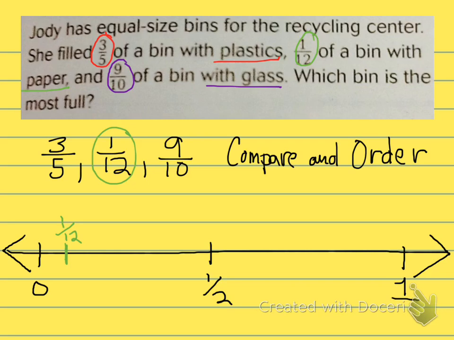Now let's see, on this number line, the halfway point in tenths would be 5/10, which would mean 9/10 would be about here. Here's 9/10.